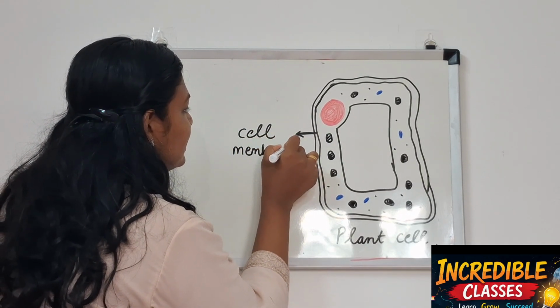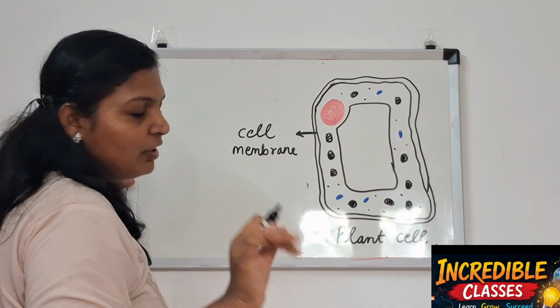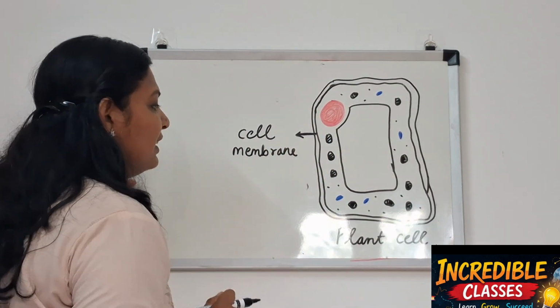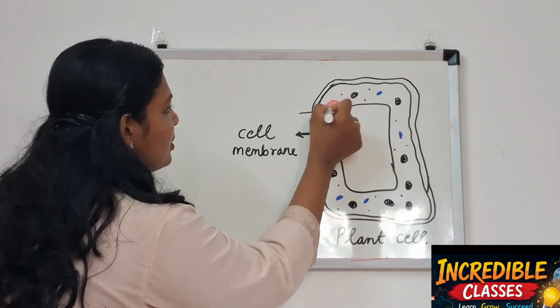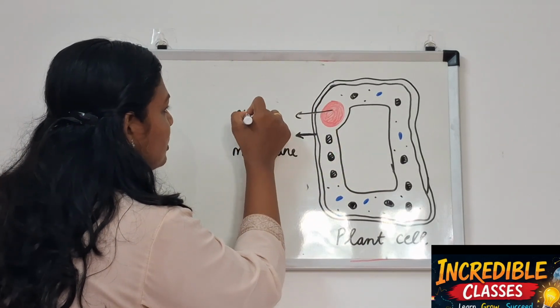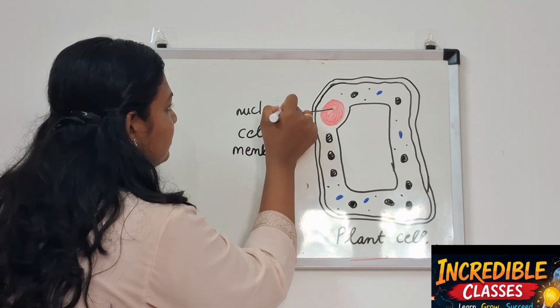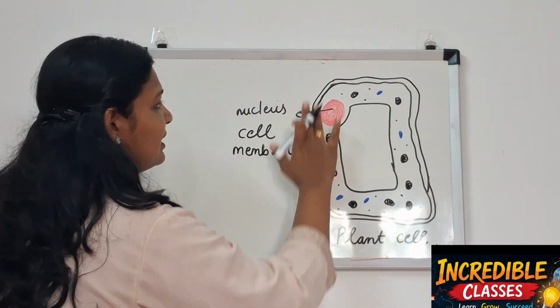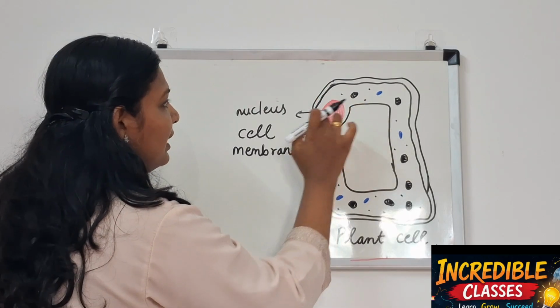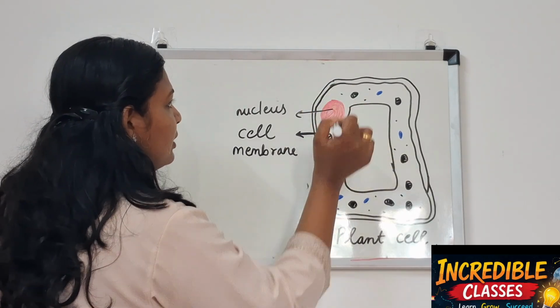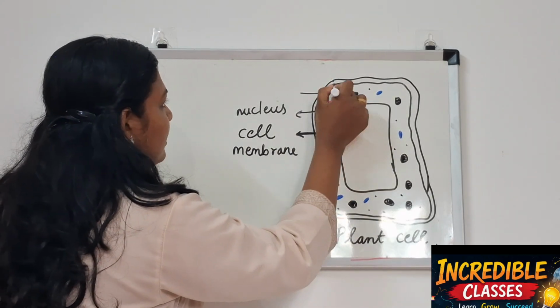Why I didn't take it as the outer membrane, I will tell you in a second. Second, they have nucleus. You can see this red round structure, so nucleus is also there. Now you can see the white portion between the cell membrane and the nucleus. So cytoplasm is also there.